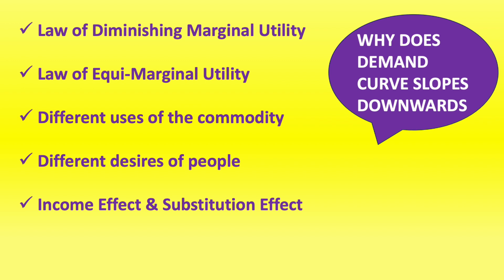Next is the income effect and substitution effect. First, the income effect: an increase in income means an increase in the purchasing power of the consumer. With a fall in the price of a commodity, the consumer's real income or purchasing power rises, and the consumer demands more of the commodity. This is said to be the income effect. That is, when price falls, demand rises.